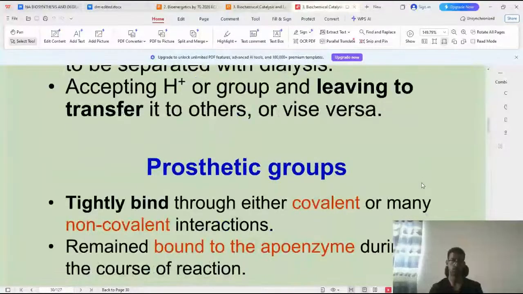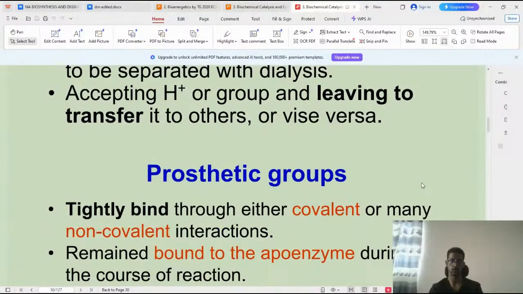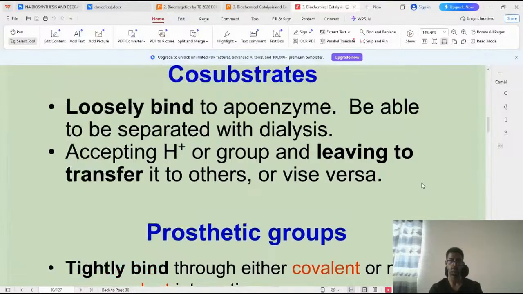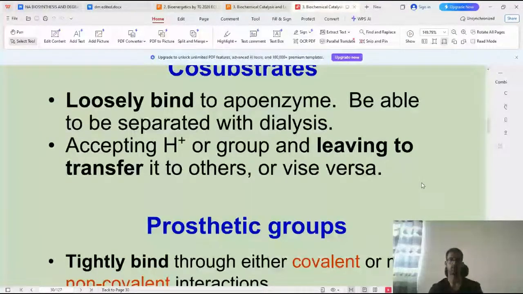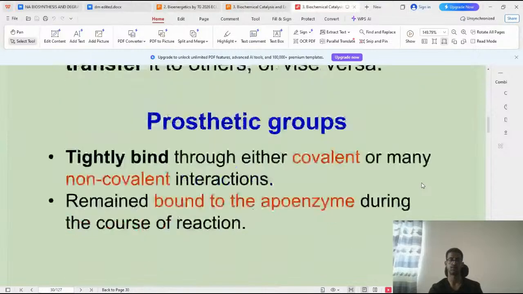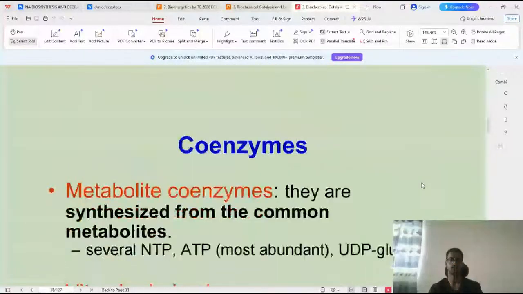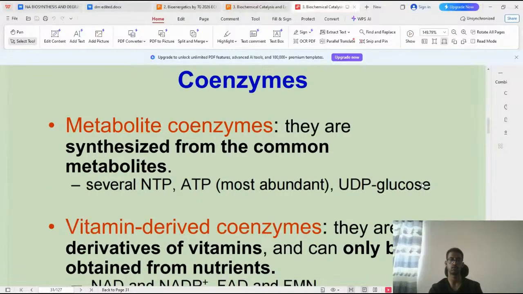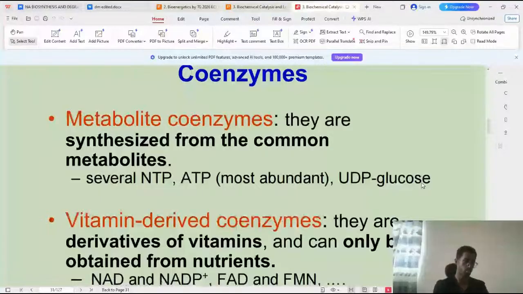Prosthetic groups bind tightly, either covalently or non-covalently, and remain bound to the enzyme during the course of the reaction. Metabolite coenzymes are synthesized from common metabolites, such as ATP, the most abundant, and UDP-glucose.